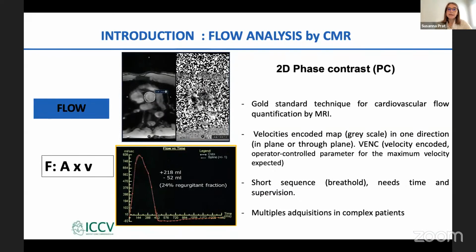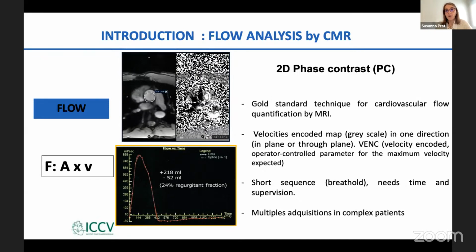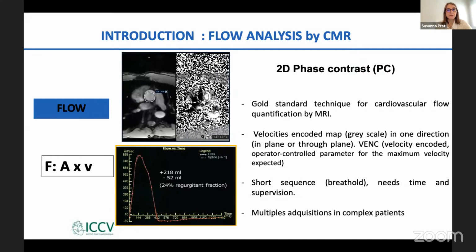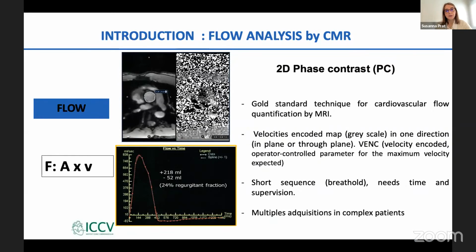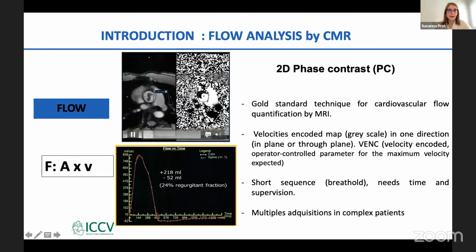These sequences are short, usually with a breath hold, but need time and supervision to be planned because, as I said, we need to select well the vessel or the valve that we want to scan and use two perpendicular axes to get these images.